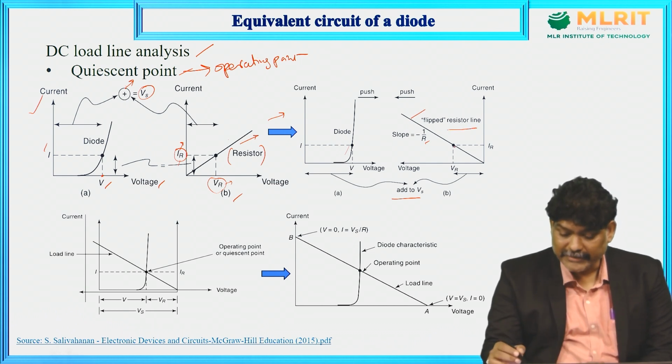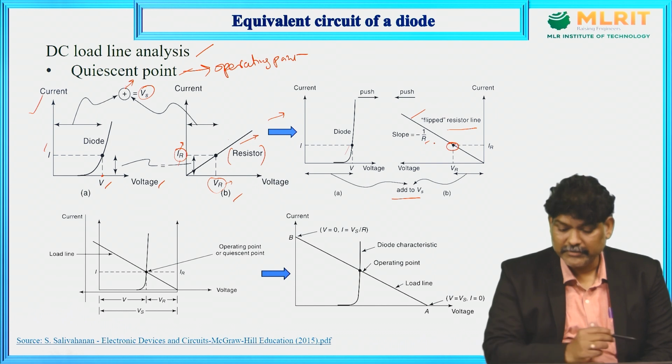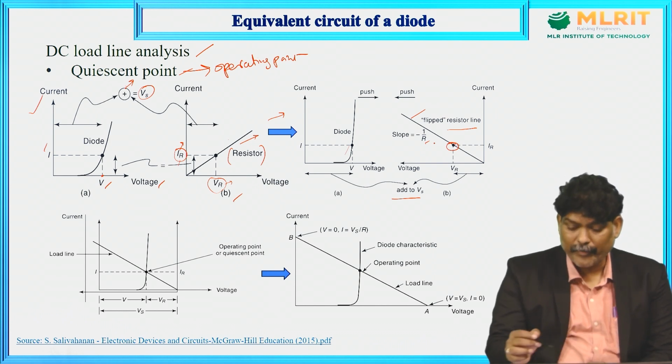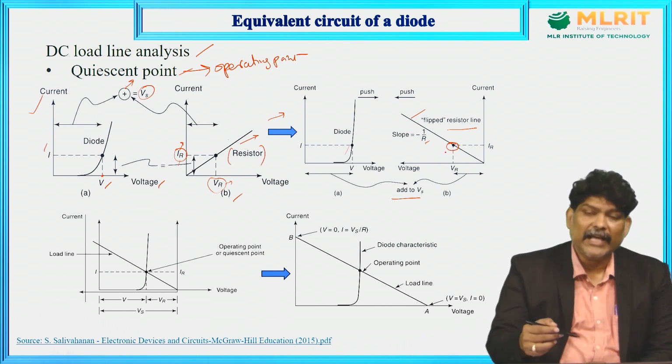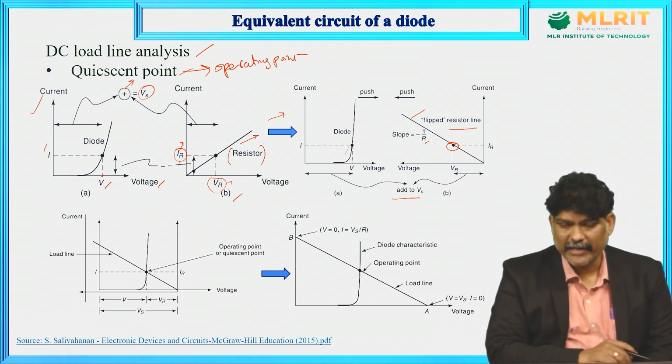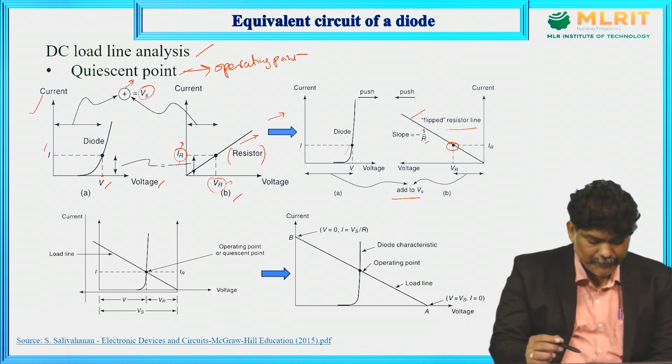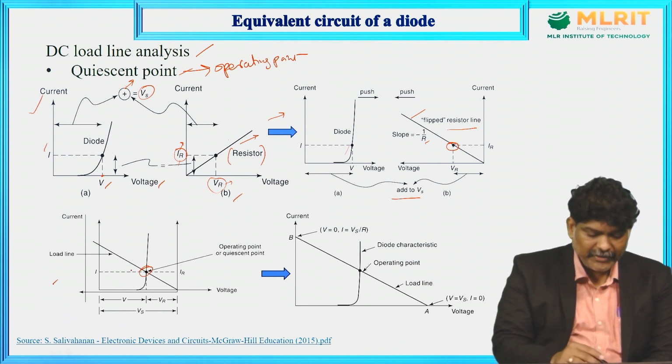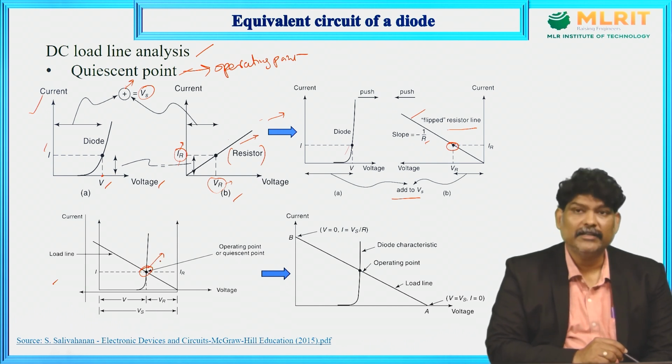And this point is nothing but the operating point. The operating point allows the current to flow for a specific applied input voltage. If you combine these two, you will get the operating point, the quiescent point, of the particular diode.